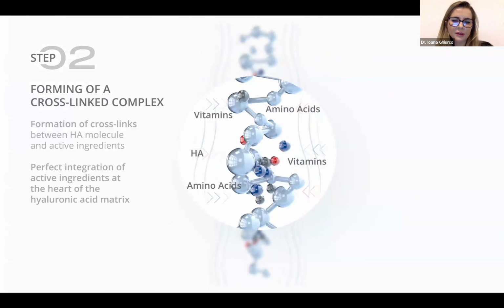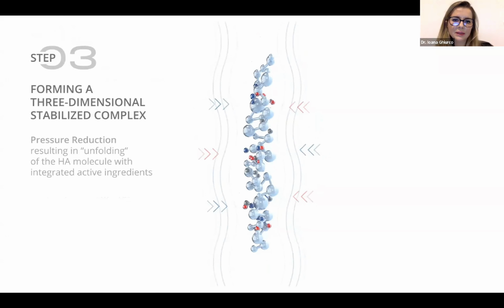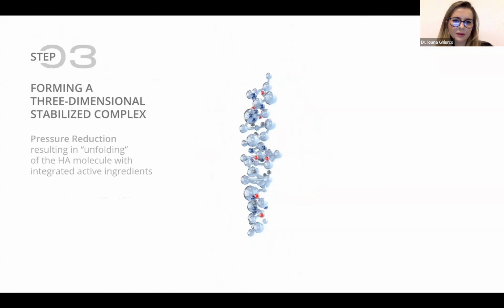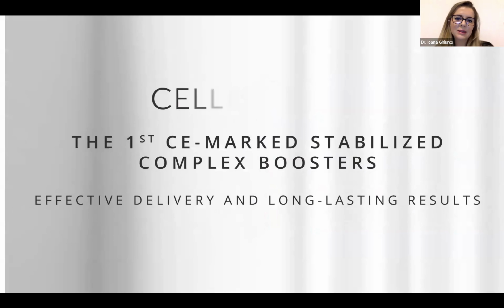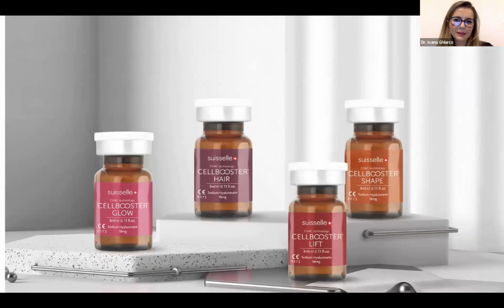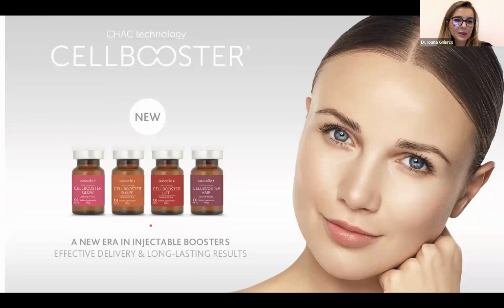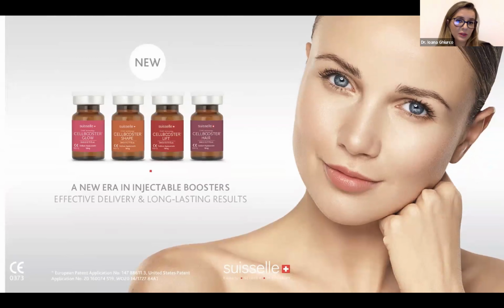It will create the bonds inside, and once this pressure is taken off, what we obtain is a stabilized complex.